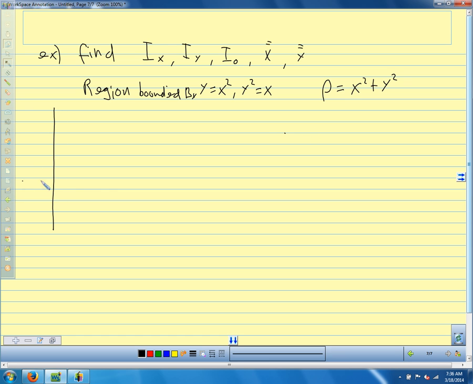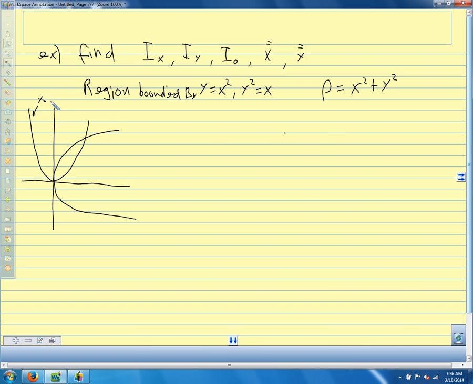In the xy plane, y equals x squared is here, and x equals y squared, I get a parabola going sideways, like so. So my region is right in here.